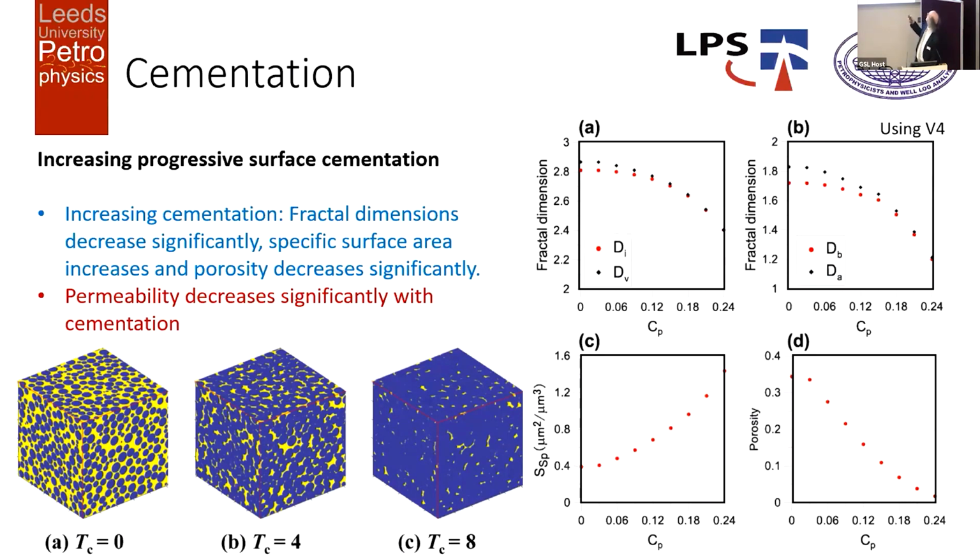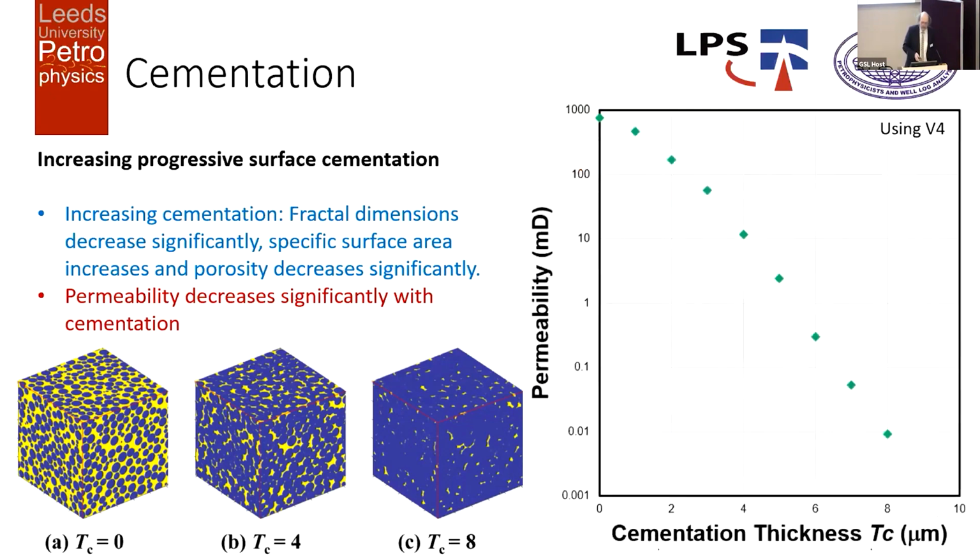And we can see, once again, the fractal dimensions decrease, the specific surface area increases, and the porosity decreases. And of course, the permeability is going to decrease. And again, this is on a log scale. The permeability is decreasing by many orders of magnitude as a function of that cementation.